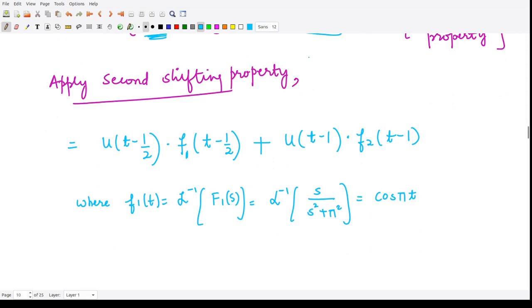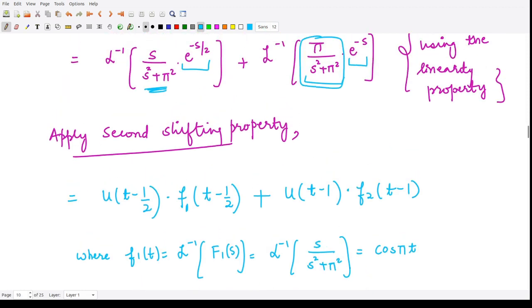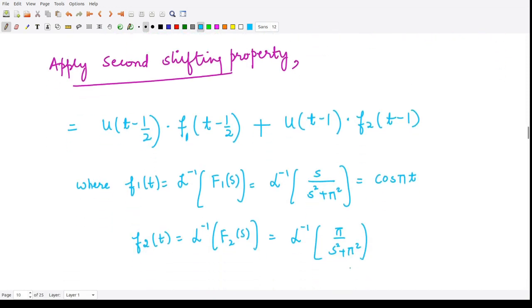So f2 of t is equal to Laplace inverse of f2 of s, which is Laplace inverse of pi divided by s square plus pi square. And what is this? This is equal to sine pi t.